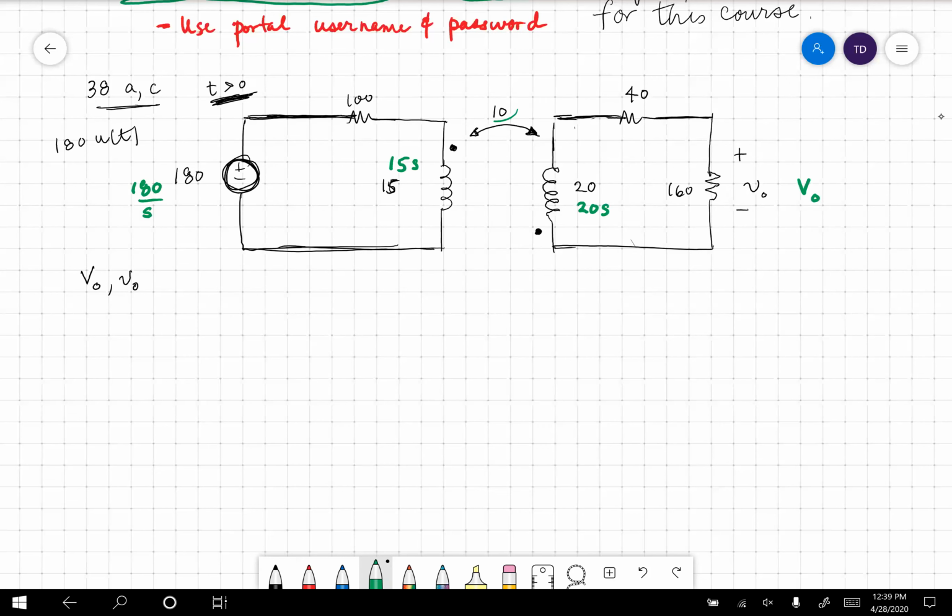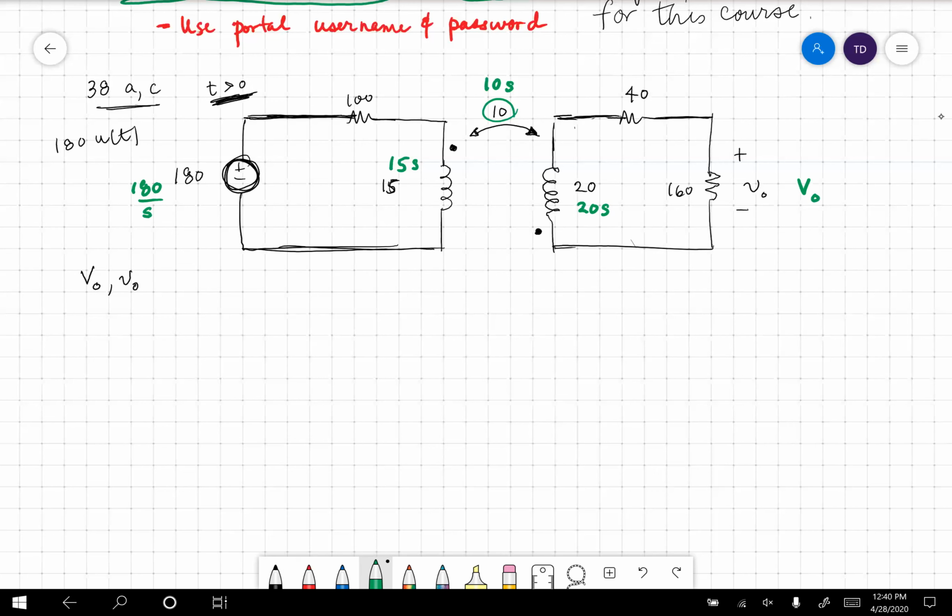Resistors don't change, but this, don't forget, that's just like an inductor. So when we're in sinusoidal steady state, we use j omega M. Here we use Ls, or in this case, Ms. Okay, so there's our circuit, all transformed.